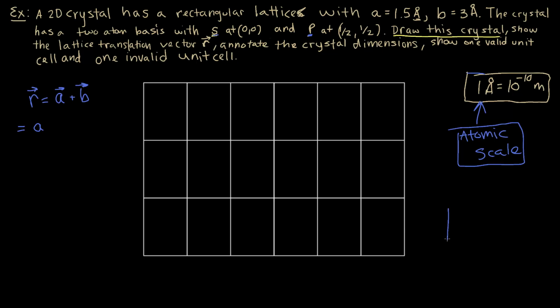And if I define, again, my axes, so this direction is X and Y, our lattice translation vector is going to be A, which is given, times X hat, the X direction unit vector, plus B times Y hat. And I will draw this vector on our lattice that I have, or our rectangular grid that I've put in here ahead of time.